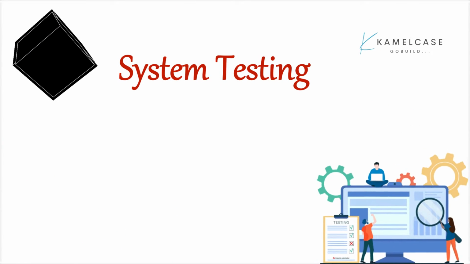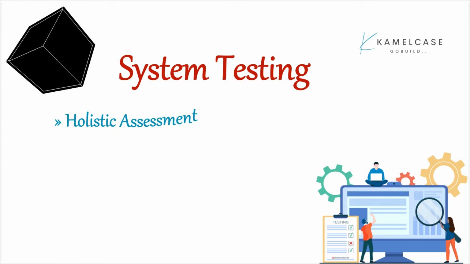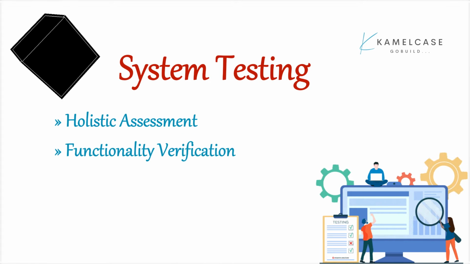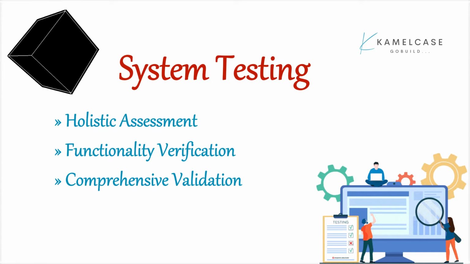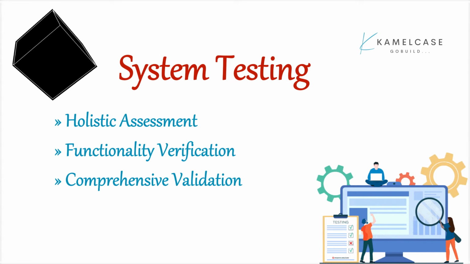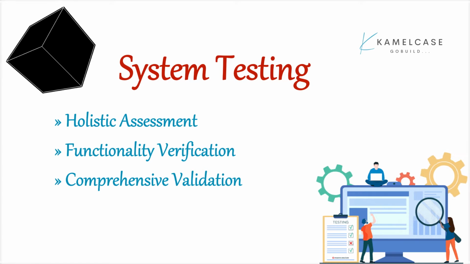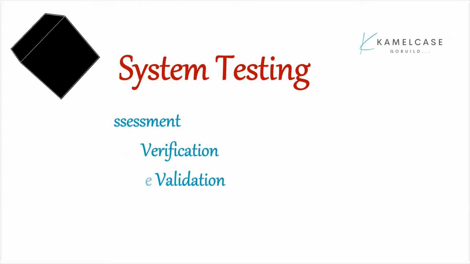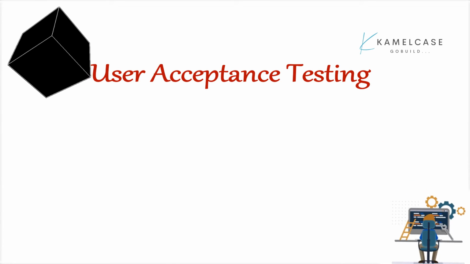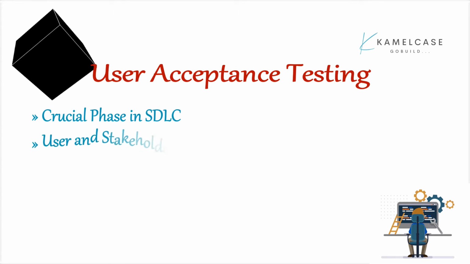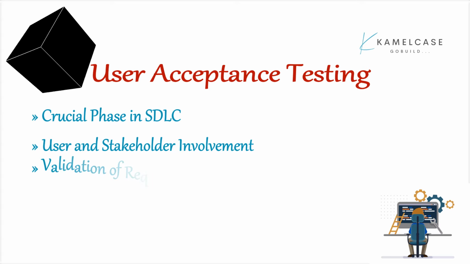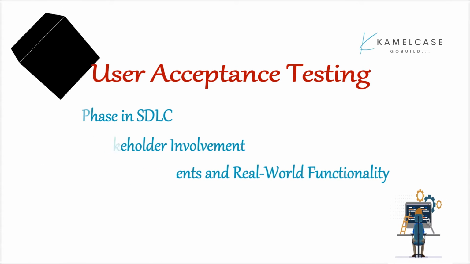System testing. System testing evaluates the entire software system as a whole to ensure that all components work together correctly. It focuses on verifying the system's functionality against its requirements. User acceptance testing. User acceptance testing involves end users testing the software to determine whether it meets their needs and requirements.